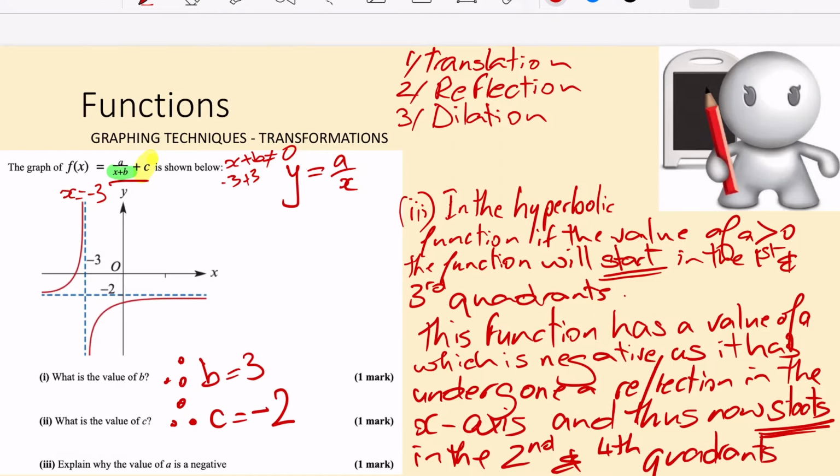Okay, prior to being translated. Okay, so I think that's a very, very thorough and an extensive answer.